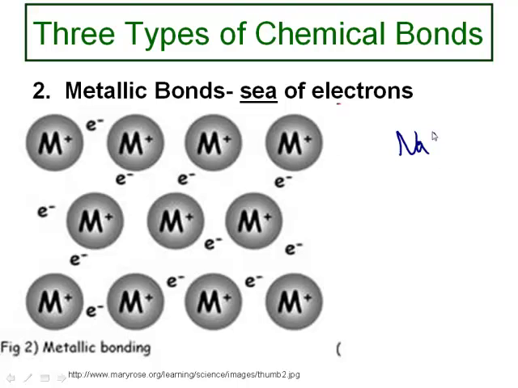The valence electrons are very loosely held and are shared across the entire piece of metal. So you have a bunch of sodium ions, the positive nuclei without their valence electron, surrounded by a sea of electrons. The valence electrons are shared between all the different nuclei in the piece of sodium metal, okay?